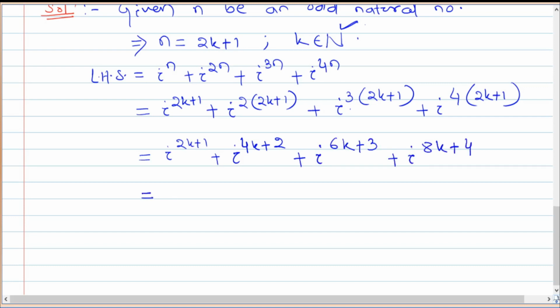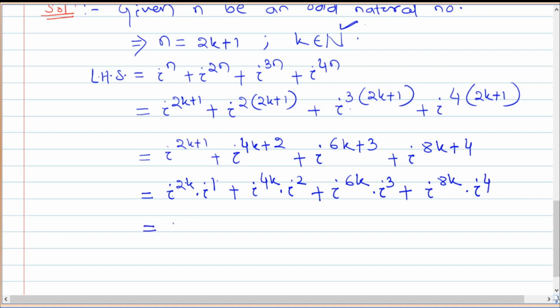So this is nothing but i to power 2k into i to power 1, since the base is the same, i to power 2k plus 1. This one can be written as i to power 4k into i squared, plus i to power 6k into i cubed, plus i to power 8k into i to power 4.